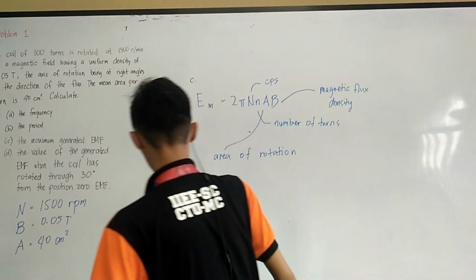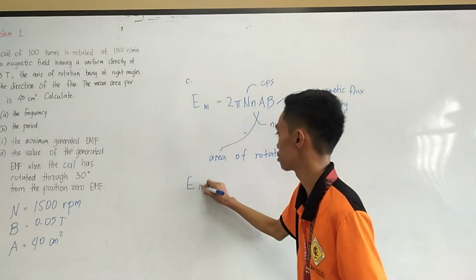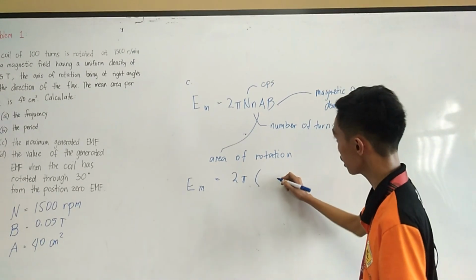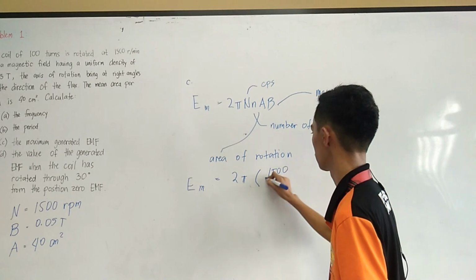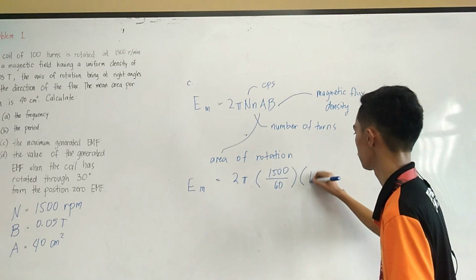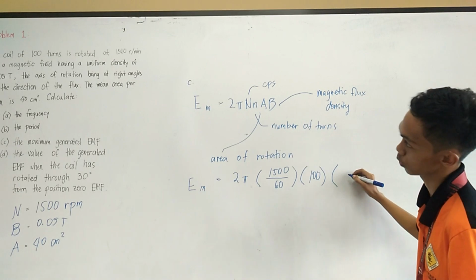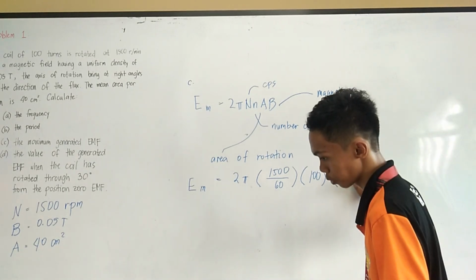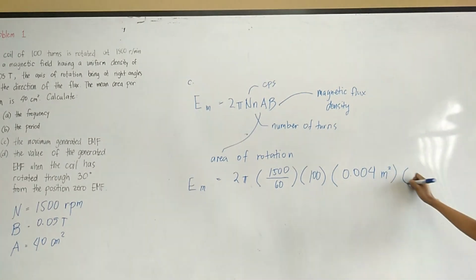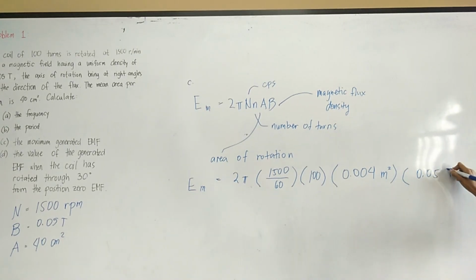So substituting the values, we have 2 pi times F, which is 1500 over 60, times N, which is 100 turns, times area, which is 40 square centimeters or 0.004 square meters, times 0.05 Tesla.